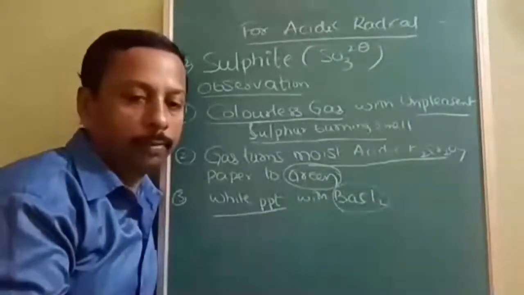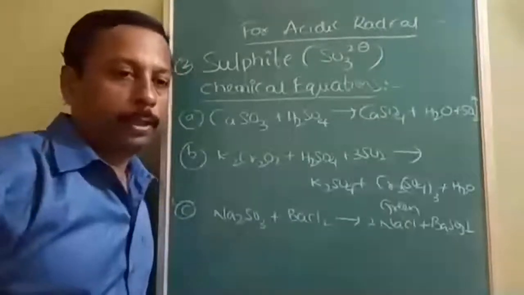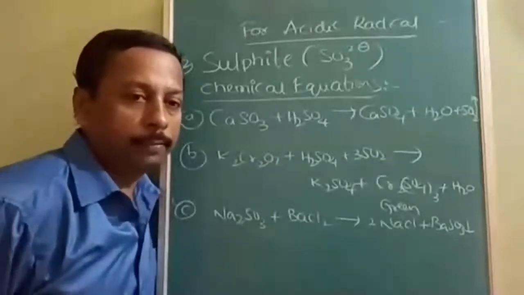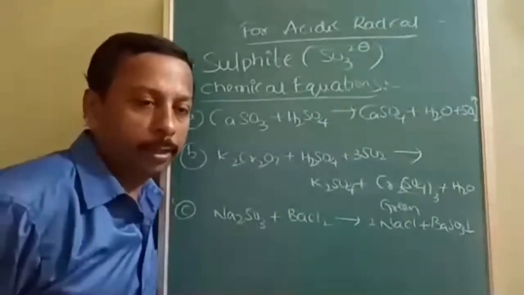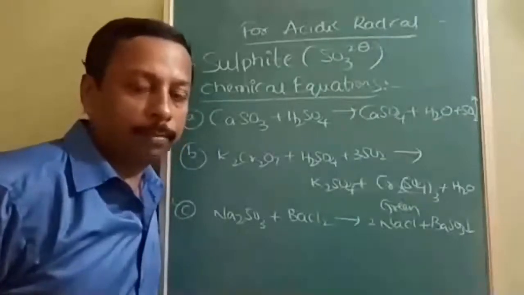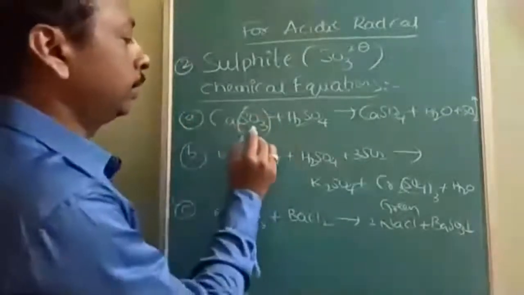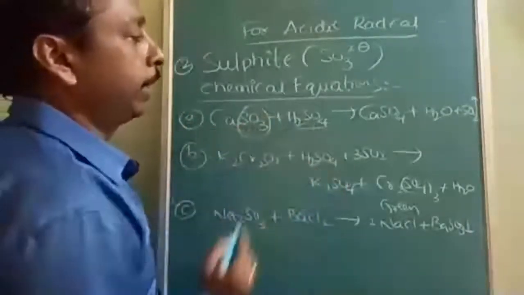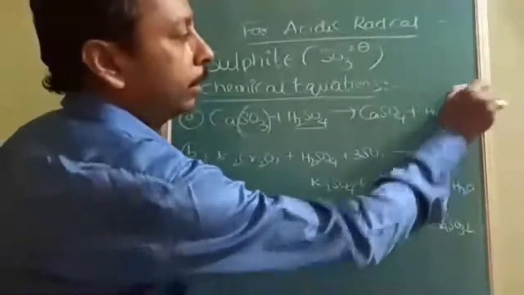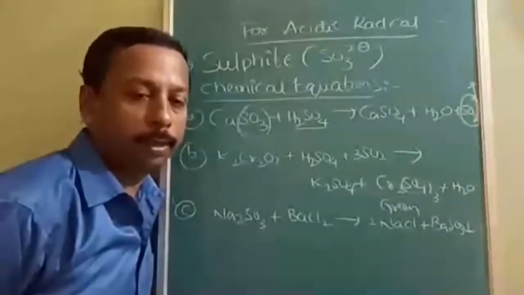Now we will see the equations behind this, the explanation for the observations. The first observation we made: evolution of a colorless gas with unpleasant sulfur burning smell. Suppose the given salt is sulfite. We add sulfuric acid, and it results in sulfur dioxide, which has the unpleasant sulfur burning smell.